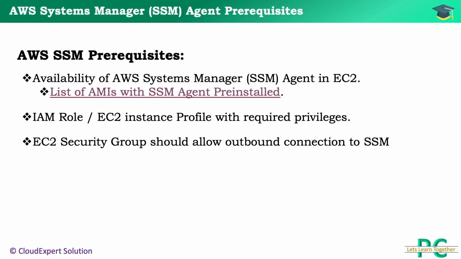If your security group does not allow any outbound connection, then the SSM agent on the EC2 instance will not be able to communicate with the SSM service. So if you are troubleshooting any SSM-related issue in your EC2 instance, please make sure to follow these 3 steps one by one and from top to bottom.